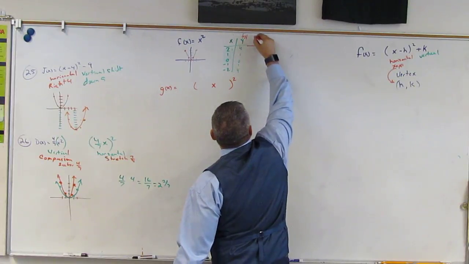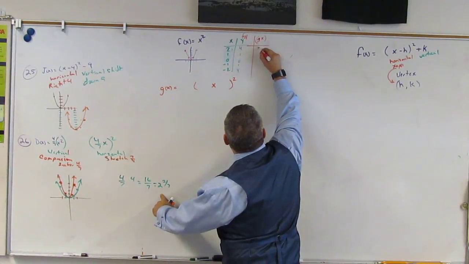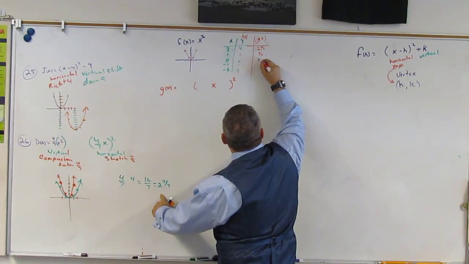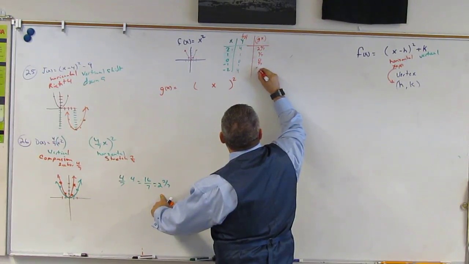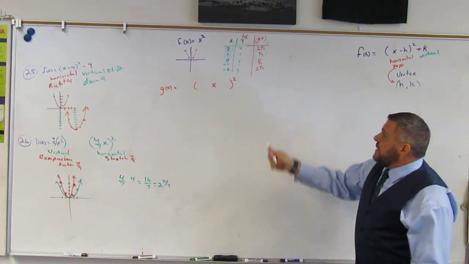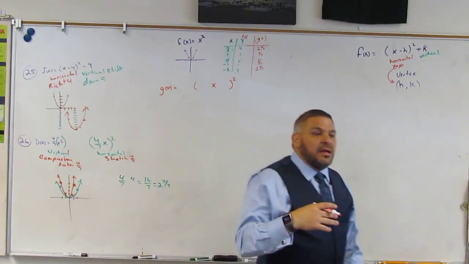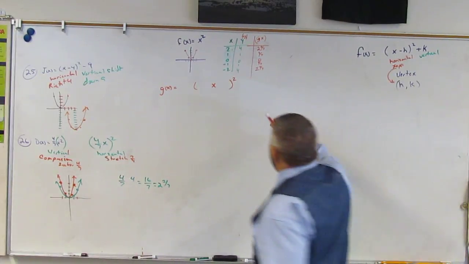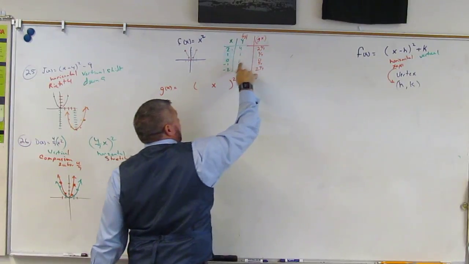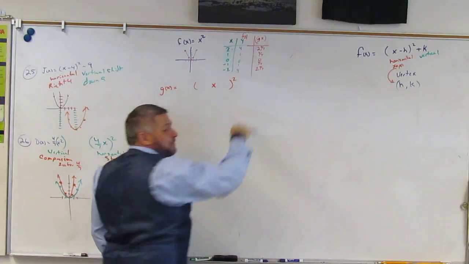And your new g of x becomes 2 and 2/7, 4/7, 0, 4/7, 2 and 2/7. Negative? No, they stay positive, remember, because they got squared. Basically it's just this times 4/7, boom. This times 4/7, boom. This times 4/7, boom. This times 4/7, boom. This times 4/7, boom.